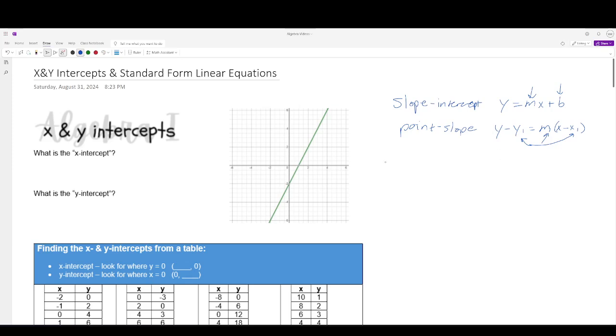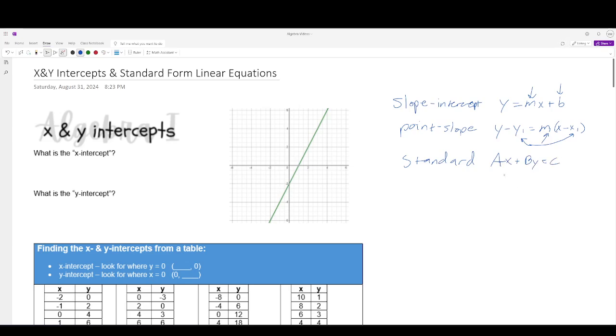Now today we're going to get to the final form of linear equations, which is called standard form, which is not only not very descriptive, but also it's not really the one we use most commonly. We use slope-intercept most commonly, so you'd think it would be the standard one. But standard form is written as ax plus by is equal to c.